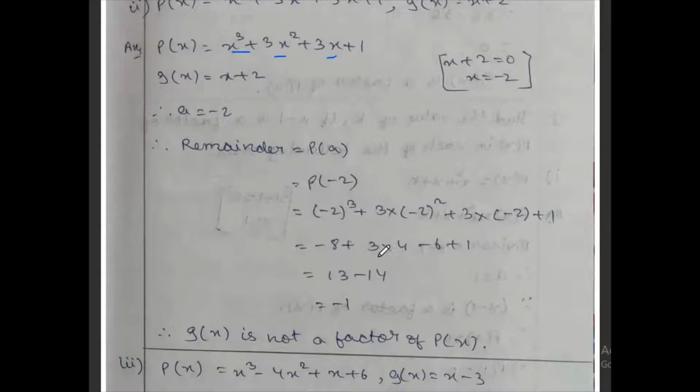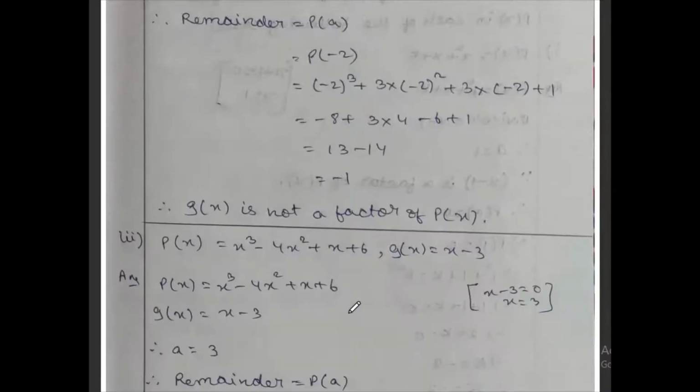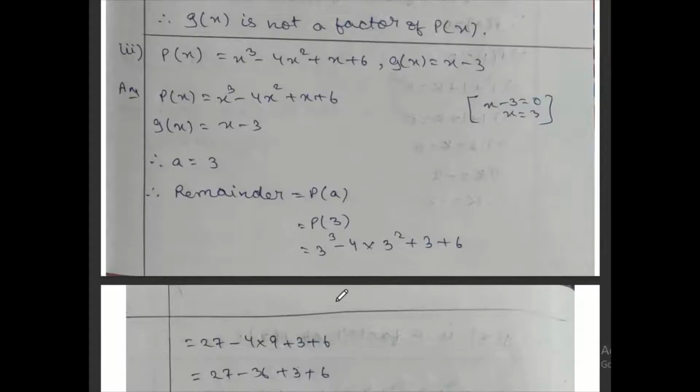Since everyone knows 3 4s are 12, so directly I did 12 plus 1 is 13. Minus 8 minus 6 gives us minus 14. Subtraction is minus 1. Since remainder is minus 1, therefore g(x) is not a factor of p(x).